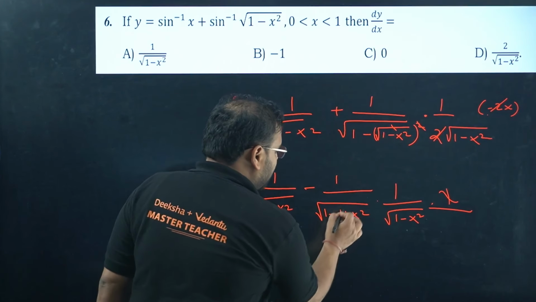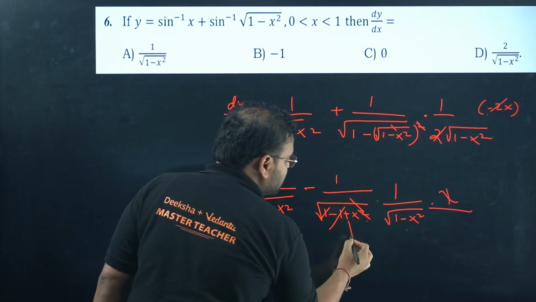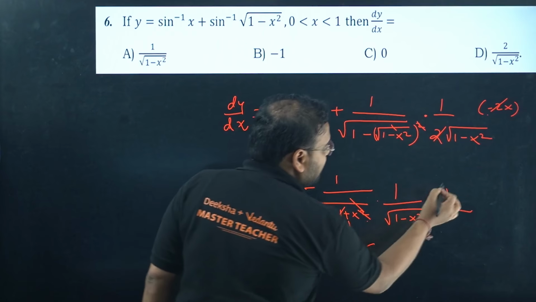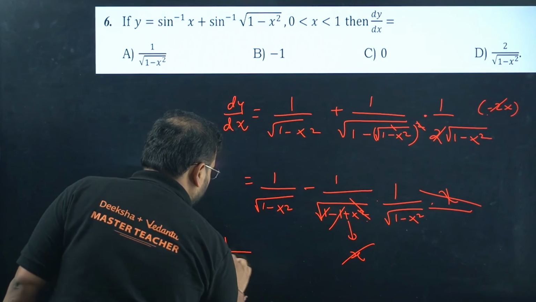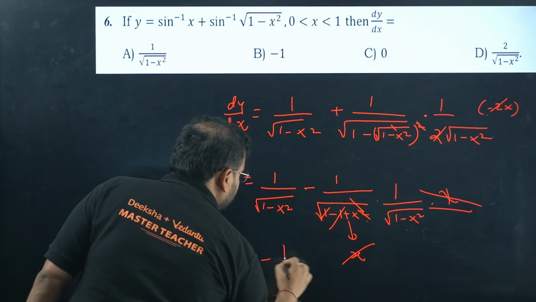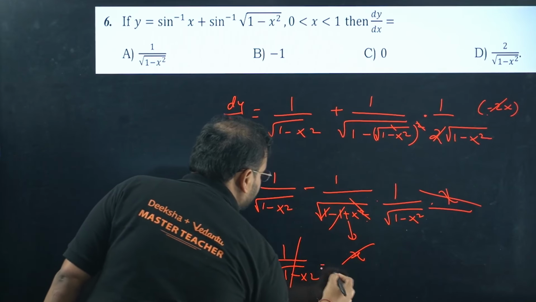This 1 and 1 is cancelled. I'll have root of x square, so cancelled. So basically I'll have only x, and this x will cancel this particular x. So my answer is coming as 1 upon root of 1 minus x square minus 1 upon root of 1 minus x square. Again cancelled, answer will be 0.